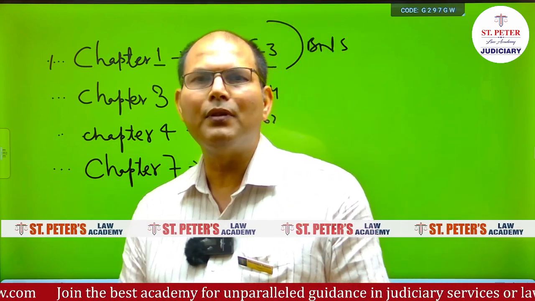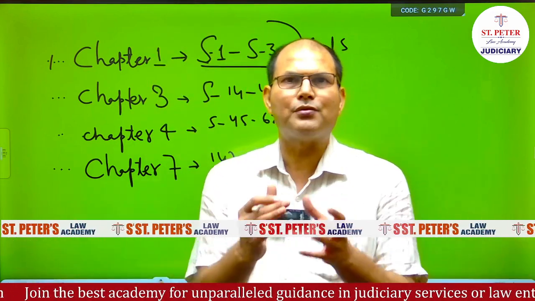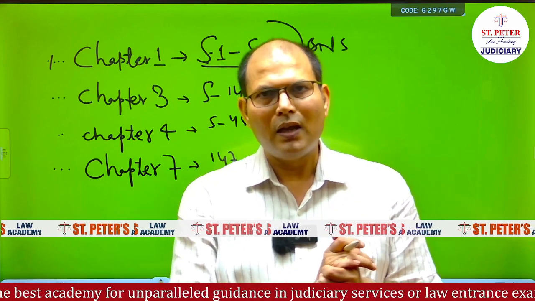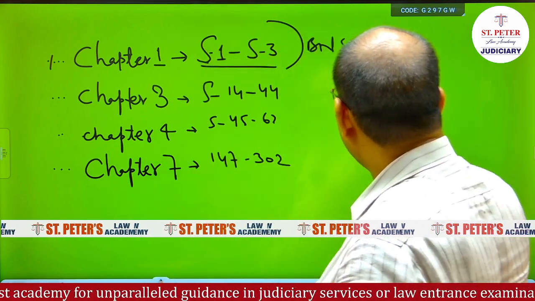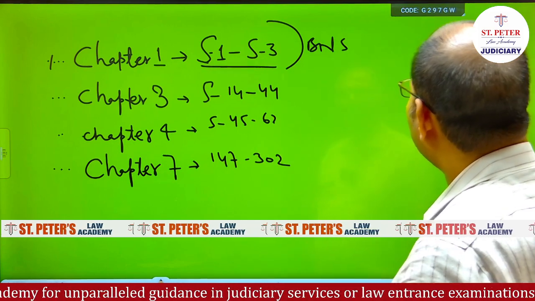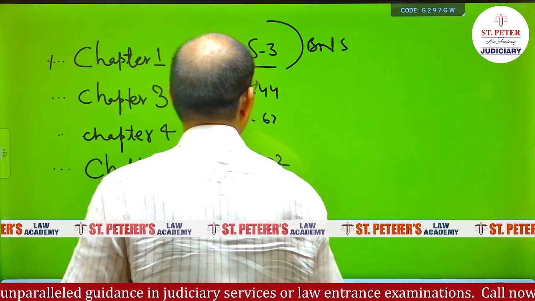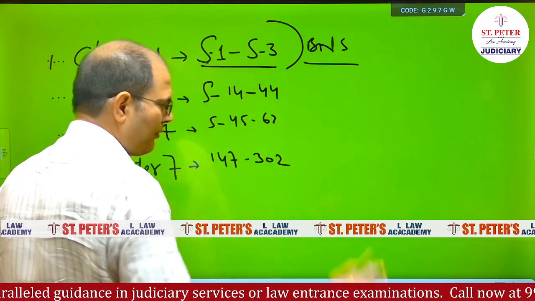In this manner a great many provisions of the IPC have been reduced in an encapsulated form in the BNS, and that's how the number of chapters in the BNS has been reduced as compared to the IPC.